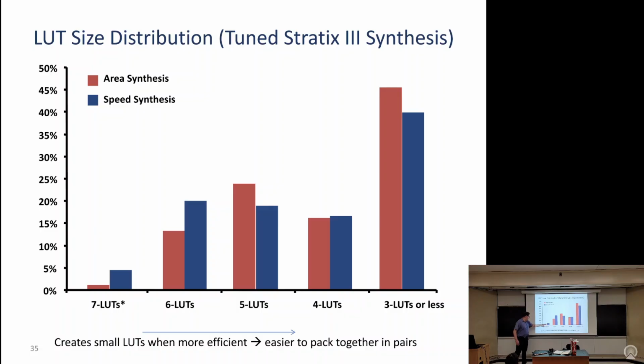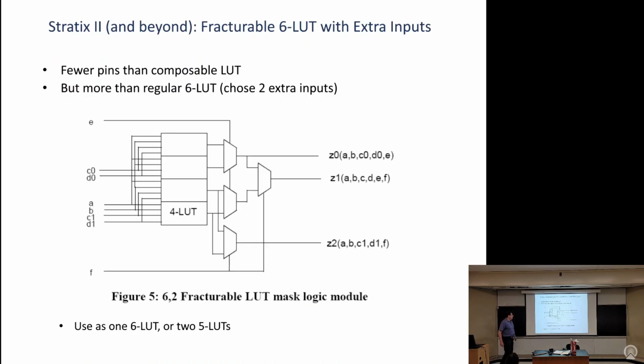This small bar that is 7-LUTs, if you look through the details of the paper, you'll see that this structure can also be used to do certain 7-input functions, but by no means all of them, just a few 7-input functions. It's no longer behaving like a lookup table, it's just behaving like a function generator.